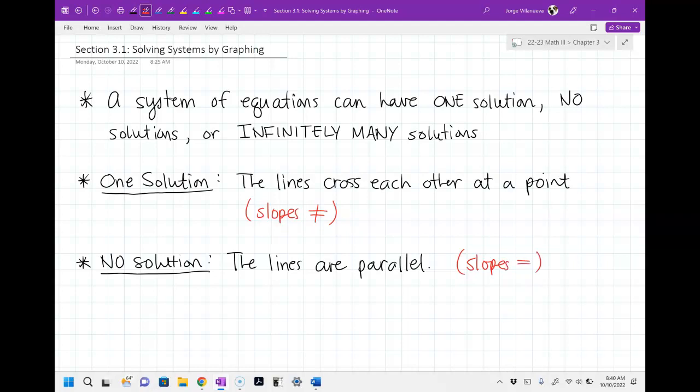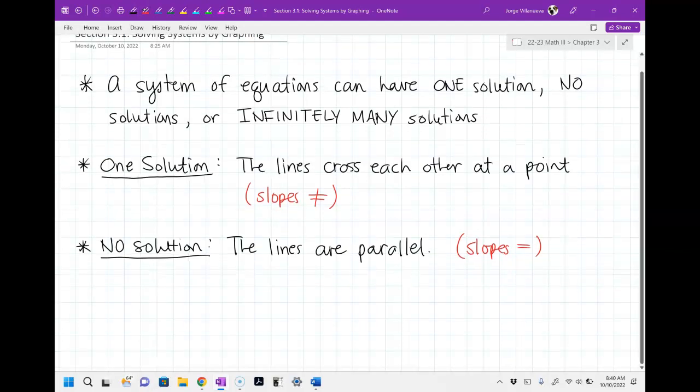Okay, their slopes are the same. So if you can tell that the two lines have the same slope, automatically say no solutions. Okay? If the slopes look different, then you say one solution.